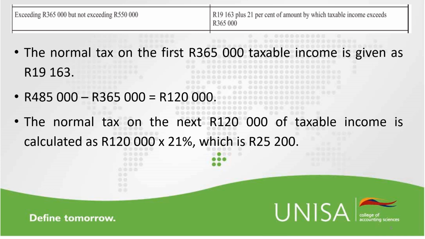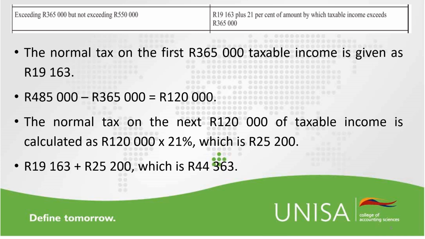And when calculating this, the answer is 25,200. Therefore, the total normal tax liability for the 2023 year of assessment is then 44,363, which we get when we add the 19,163 that was given in the bracket to the amount that was calculated of 25,200.